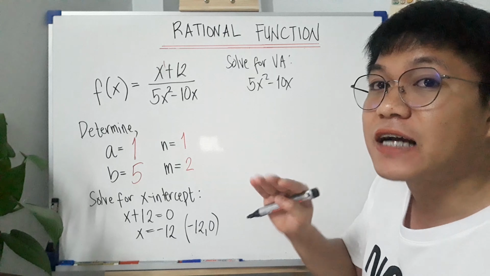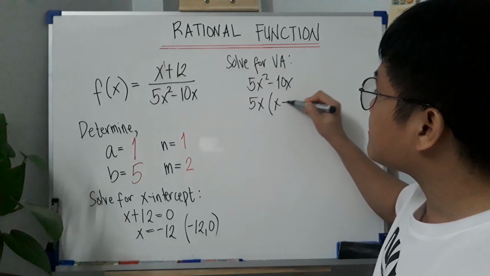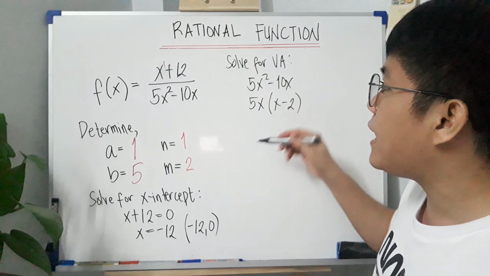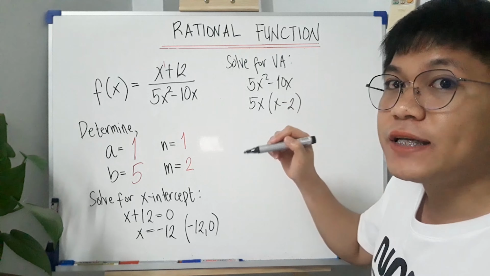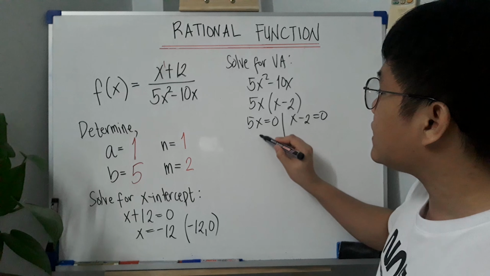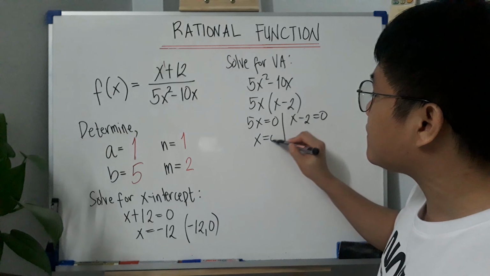We can factor this into 5x times (x minus 2), which means we already have two factors, and then we equate each factor to 0. That means 5x is equal to 0, and x minus 2 is equal to 0. Here, x is equal to 0, and x equals positive 2.